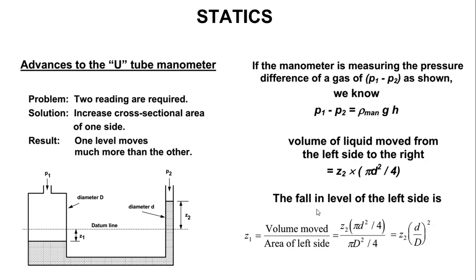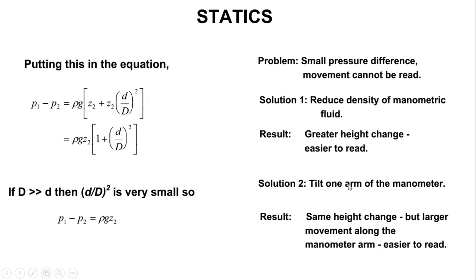So what can we do now with some of the advanced types of manometer? We look at a point whereby we've got a bigger diameter this side and a smaller diameter this side. And the same thing applies. We have to look at the point where the pressure is going to be equal, and we solve our problem like what we did before.